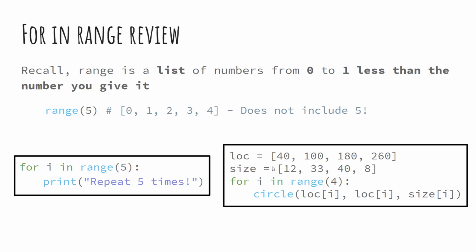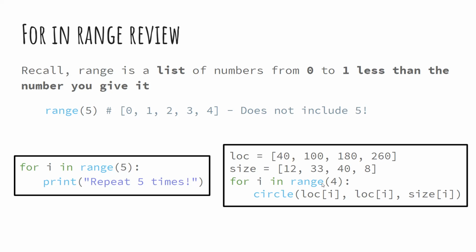There are two examples. One is a simple one, for i in range 5, print, so the statement repeat 5 times will be printed out. Then we have another example where we're working with lists. We have a list of logs that has 4 elements, and we have size, which also has 4 elements.